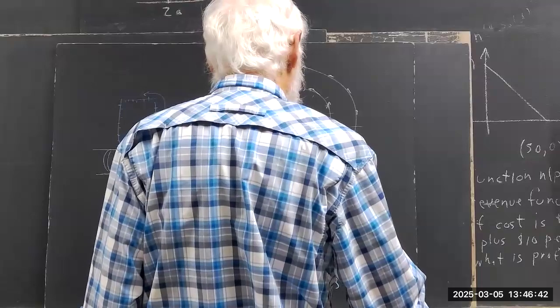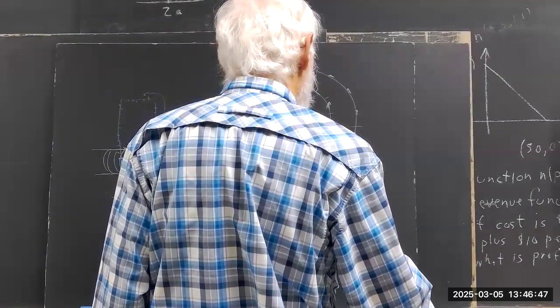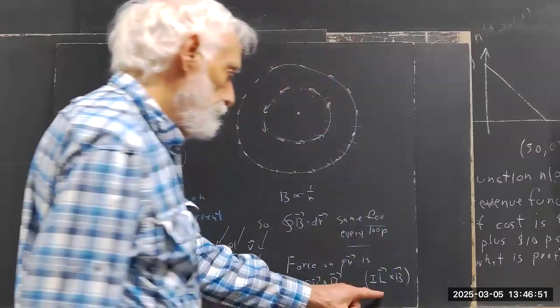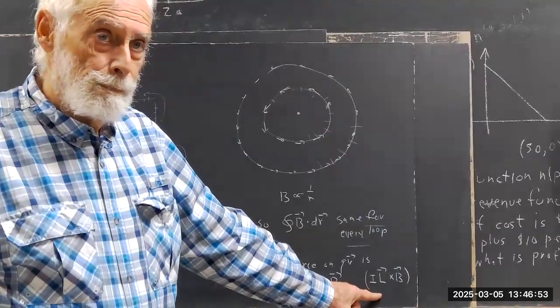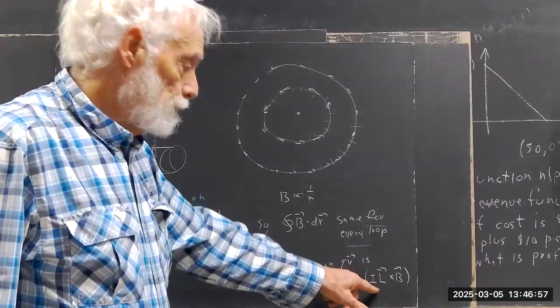And in the case of a current carrier, IL cross B. A qv is equivalent to an IL.